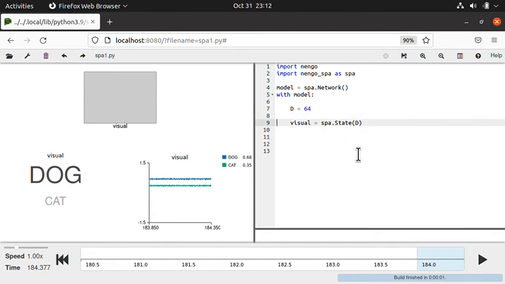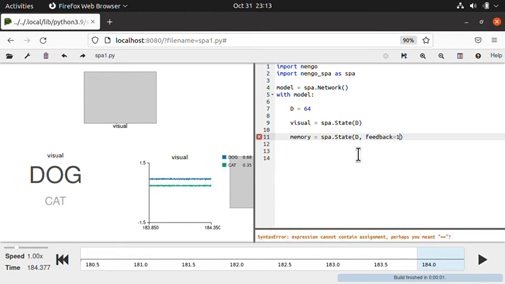Anyway, maybe I've got a group of neurons representing what I'm visually seeing. Maybe I want another group of neurons representing my memory. I want that memory to be stored over time, so I want to make that an integrator. The way I make an integrator is I connect a group of neurons back to itself with a feedback connection that is just the identity function.